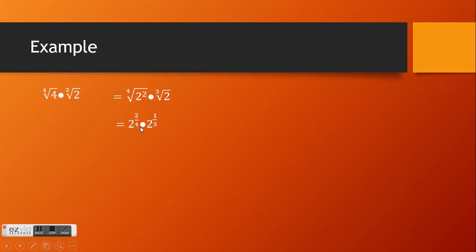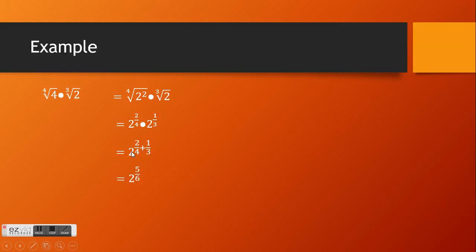Then, let's convert to rational exponents, from radical to rational. So, 2 raised to 2 fourths times 2 raised to 1 third. Then, 2 raised to 2 fourths plus 1 third. Let's get the LCD since they have different denominators.